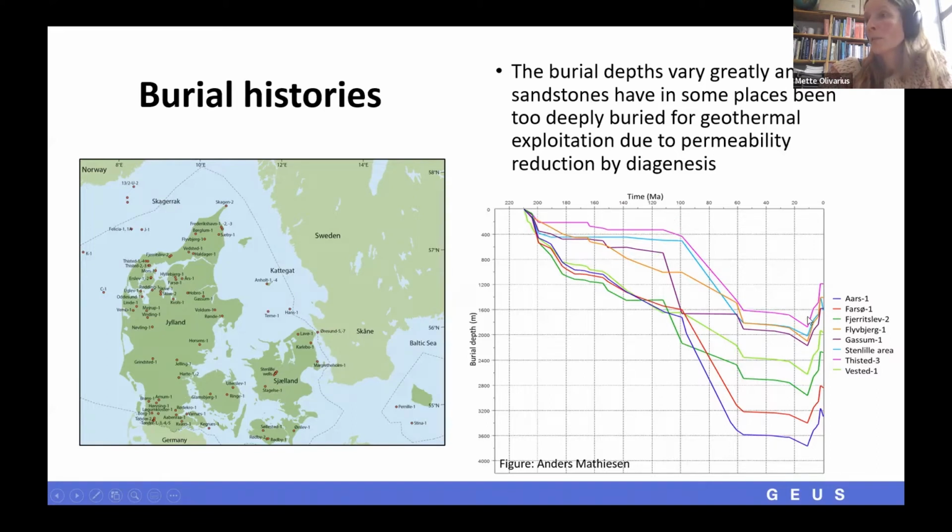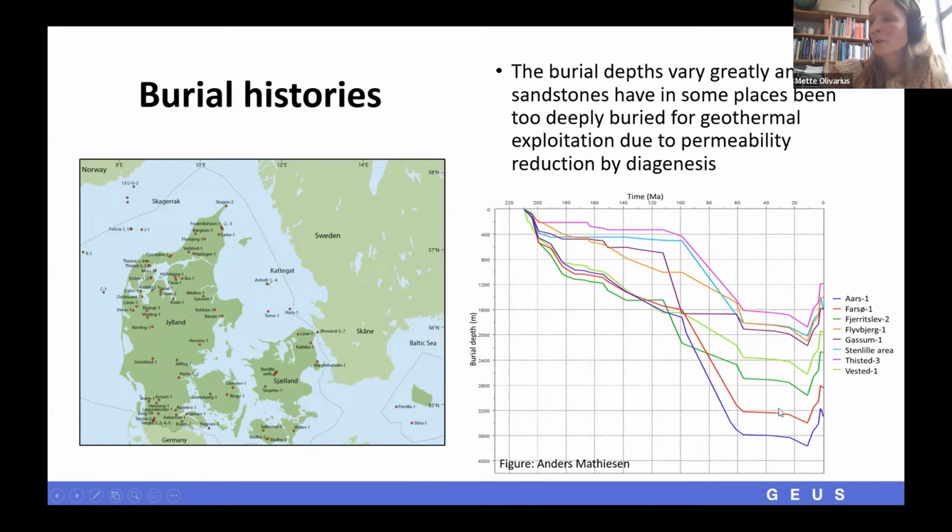Then there was some time where nothing happened, and then there was some uplift during the Neogene or recent period, because there's been elevation of the whole area and erosion, and so overburden has been removed.